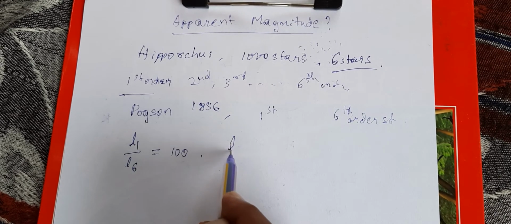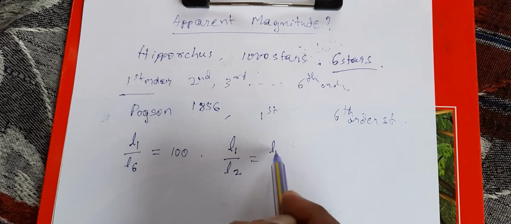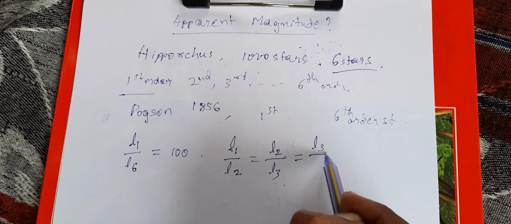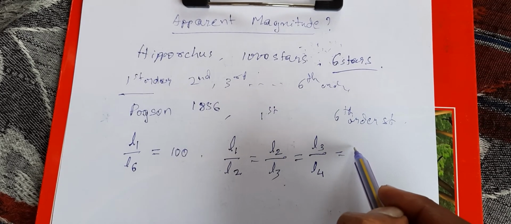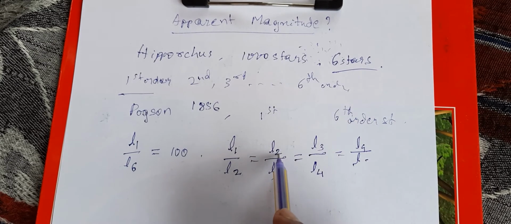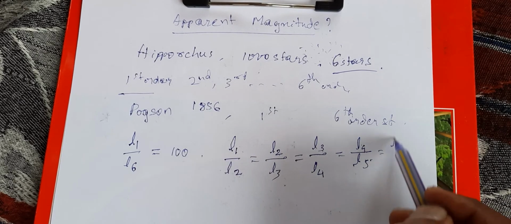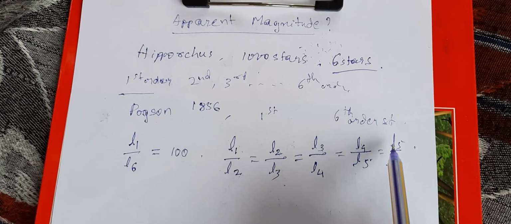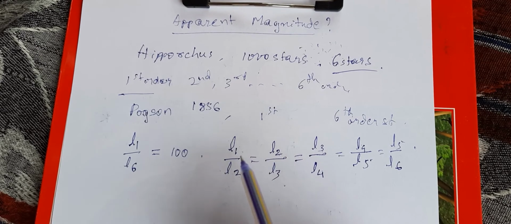That means the ratio of brightness of first order star to second order star is equal to the ratio of second order star to third order star, equal to third to fourth, fourth to fifth, and fifth to sixth. So every order star divided by its next order star has the same ratio.